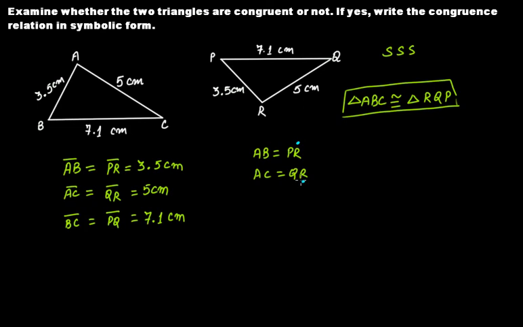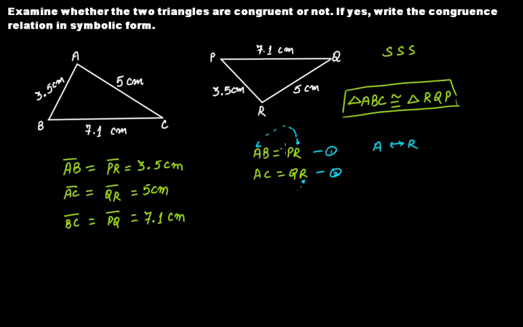What does it tell us? It tells us that in this case A was common on the left hand side, and on the right hand side this R vertex is common. It means that R and A are corresponding vertices, and from these two, 1 and 2, we can establish that A and R are corresponding vertices.